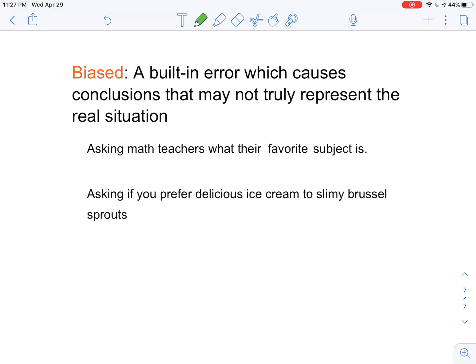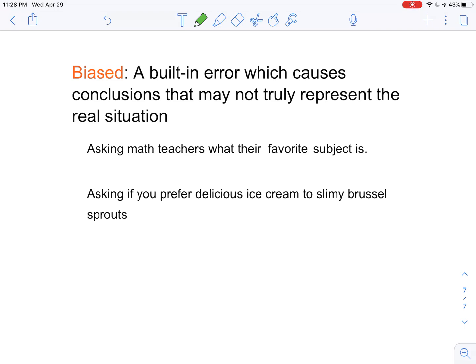Another way that we can create bias is by implying things with the way that you ask questions. Okay? So even if you picked a totally random set of people, the way in which you ask them the question can cause bias.